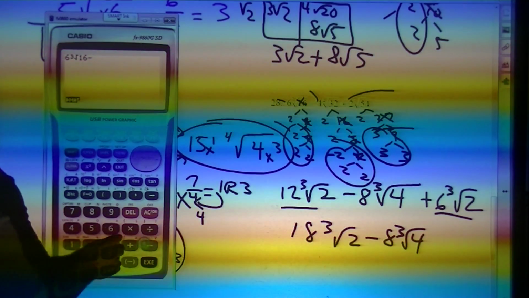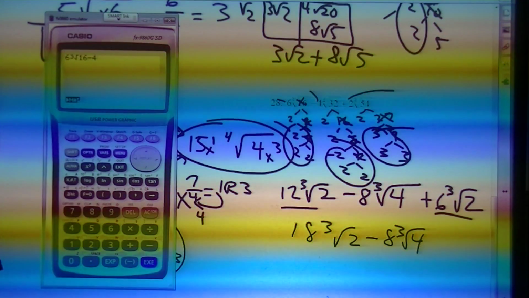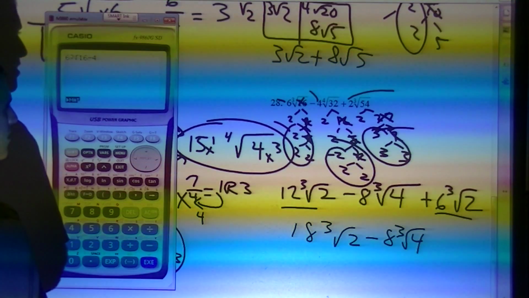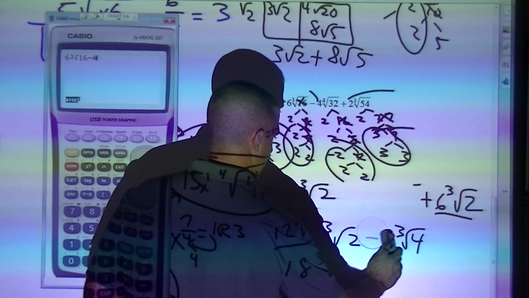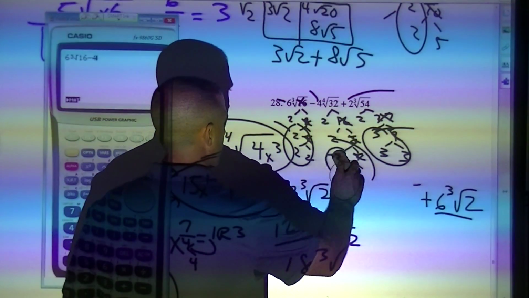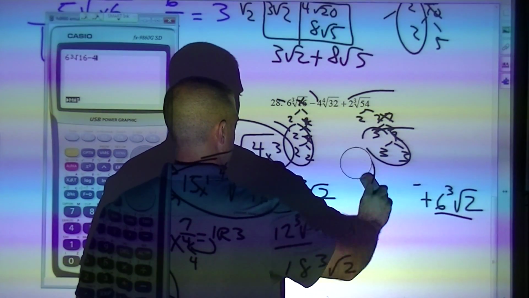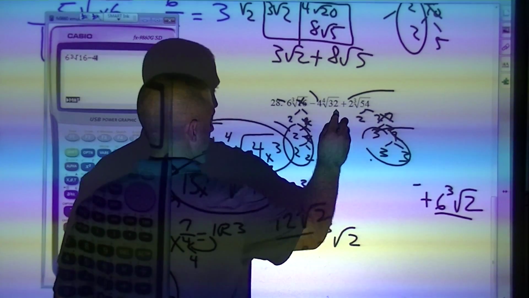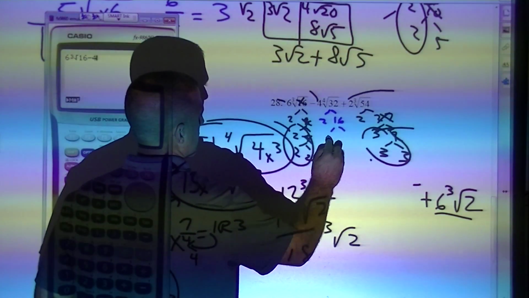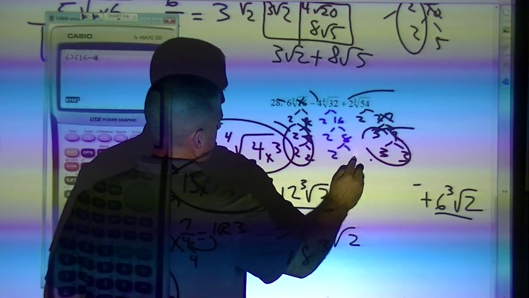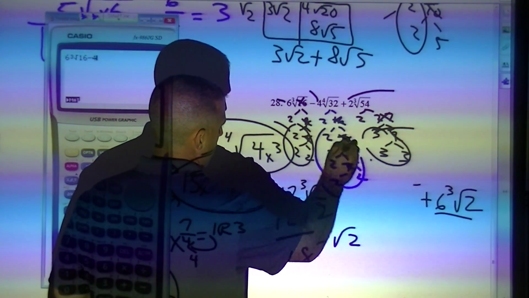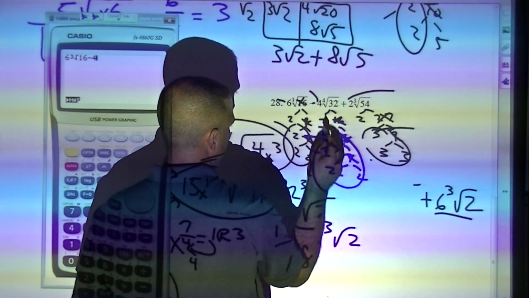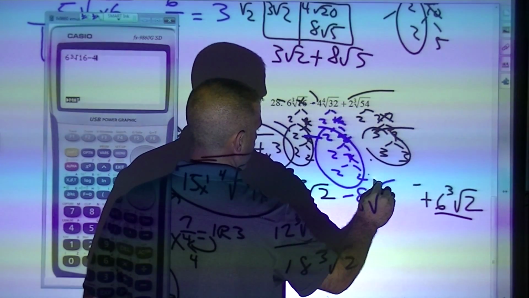And if I wanted to check my original, which you can, okay, 6 cube root of 16 minus 4, actually that's fourth root there. Oh, whoops, I made a mistake, okay, hold on, that's the fourth root. Let me fix this real quick. All right, 2 and 16, 2 and 8, 2 and 4, 2 and 2. All right, I would look for fours, so this and this would give me negative 8 fourth root of 2.